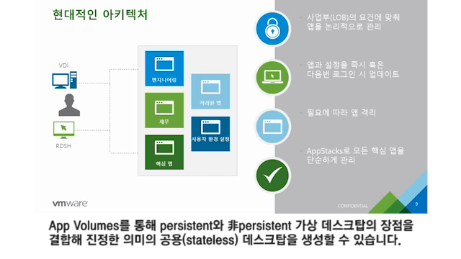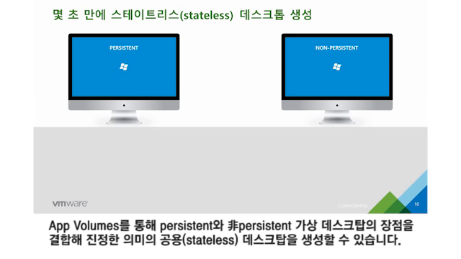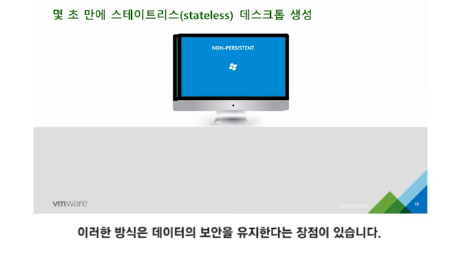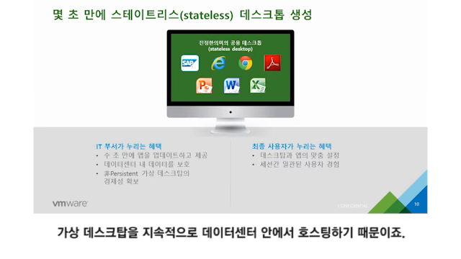With App Volumes, we can combine the benefits of persistent and non-persistent virtual desktops to help IT deliver a truly stateless desktop. IT can update and deliver applications in seconds. The beauty is that data still stays secured since virtual desktops continue to be hosted inside of the data center.